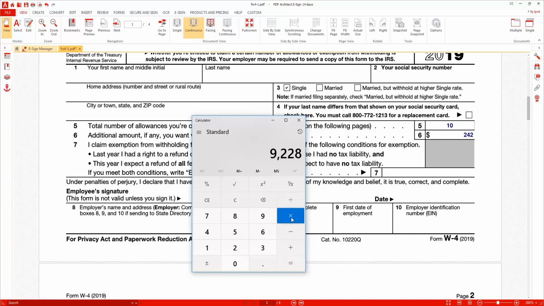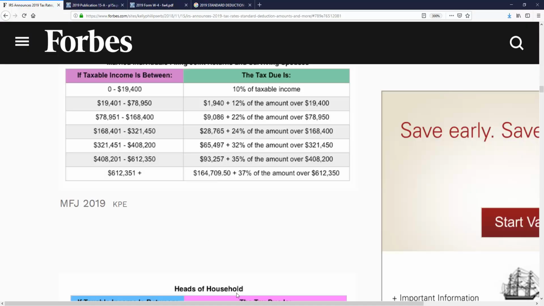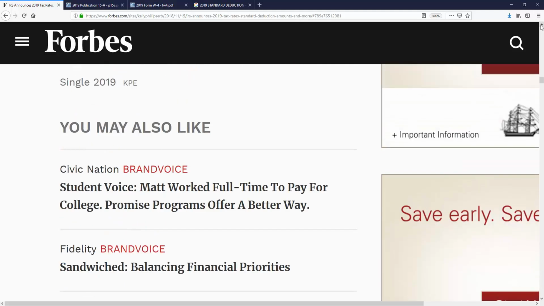Okay. What we're going to do is take that number and multiply it times 4. Okay. And that gives us our total income for the year, our estimated income for the year. Okay. And then we simply go through the motions of subtracting 12,200, gives us 2472. And we go back to our tax bracket here as a single person.